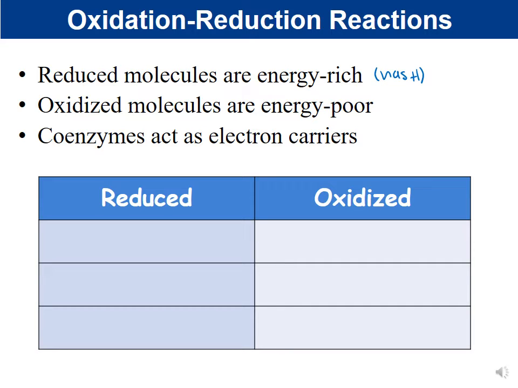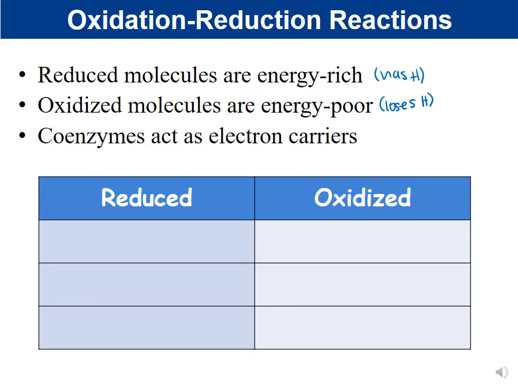So if a molecule has its hydrogen, it's energy rich. If it is oxidized, right, if it loses hydrogen, it's energy poor because those electrons have energy. And so if it does not have those electrons, it's energy poor.